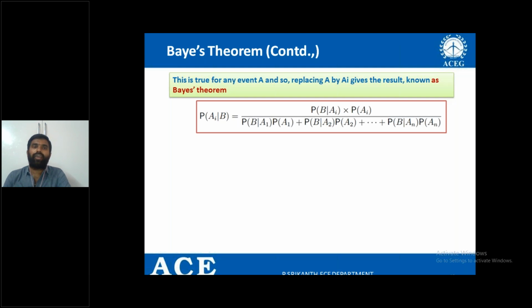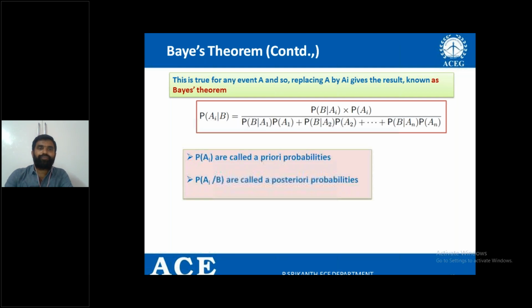That is, P of Ai given B can be represented as P of B given Ai into P of Ai by the total probability of B, that is P of B. Fine. So it is called Bayes theorem.